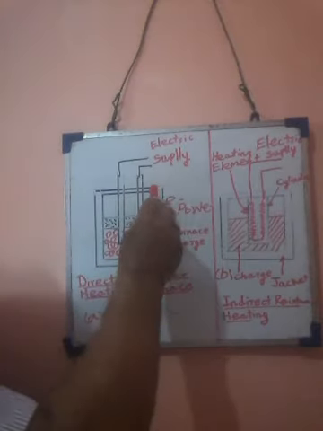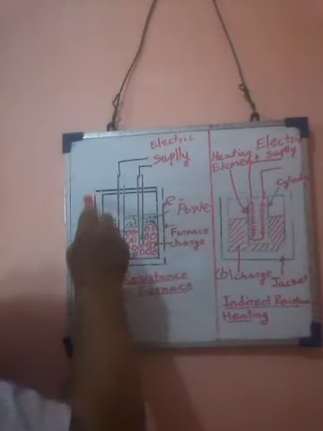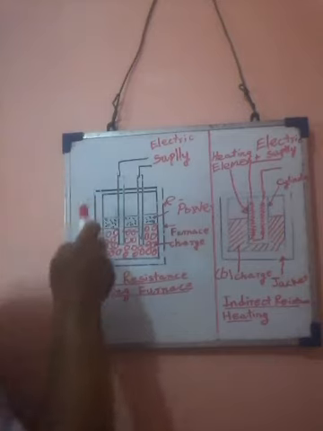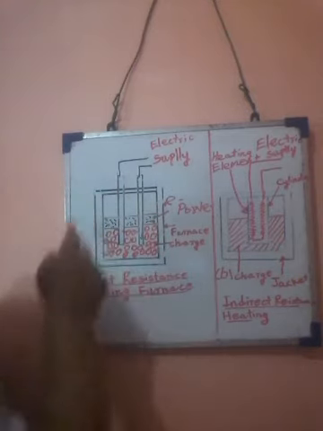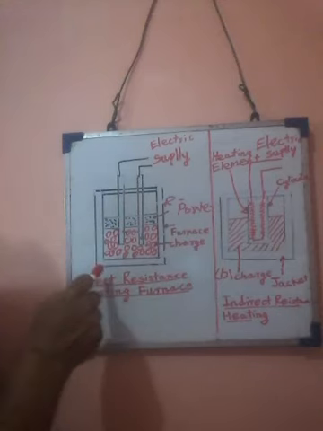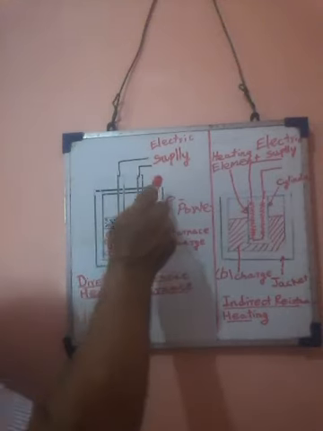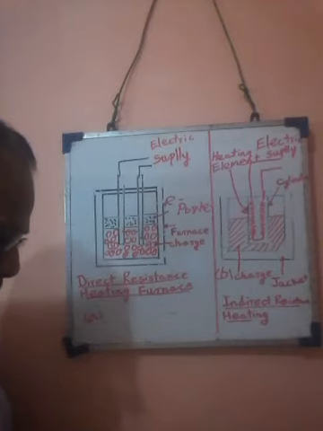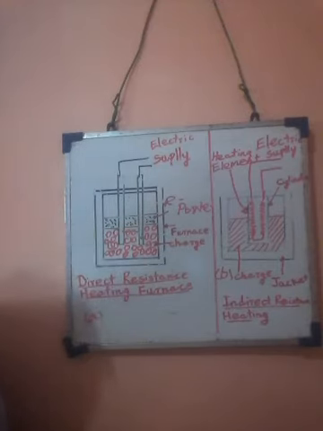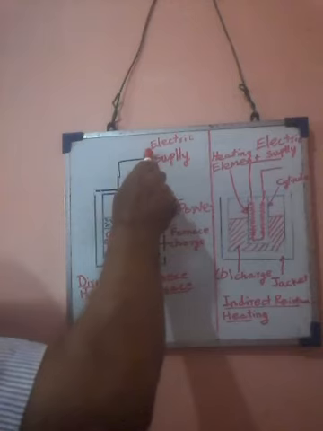Then the furnace gets heat and you can do any industrial work, for melting metals or other plastic material also, because heat can be controlled.